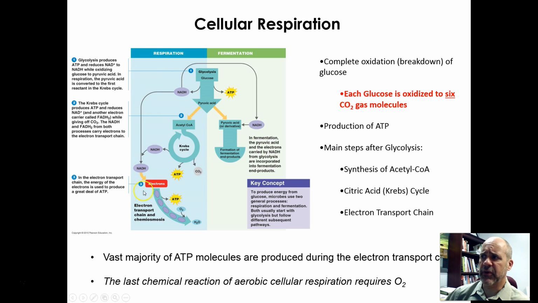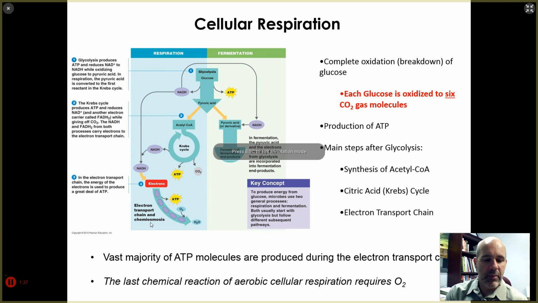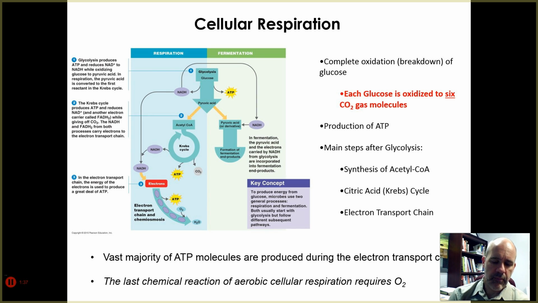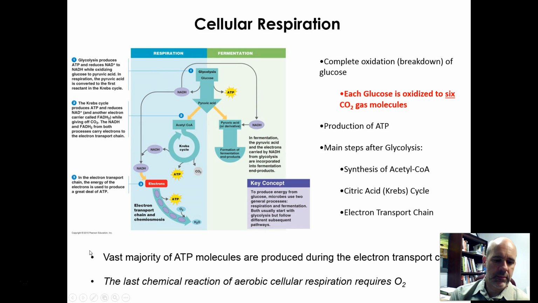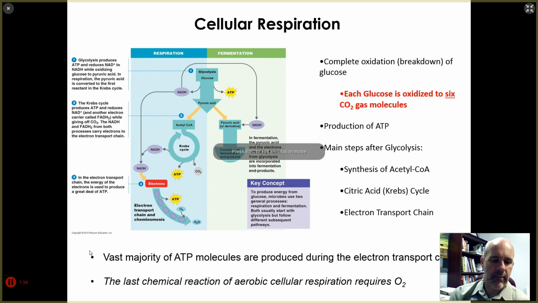All right, so now let's focus in on what's going on during cellular respiration. Cellular respiration is a very complex process, and we're not going to get into the nitty-gritty, gory details. We're going to stick with a broader perspective on it. So let's take a look at our diagram over here.